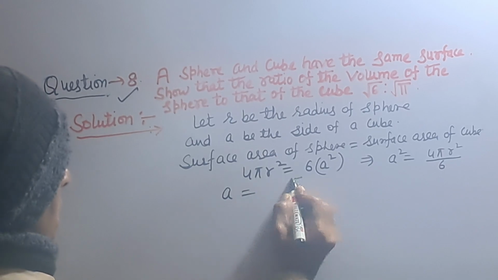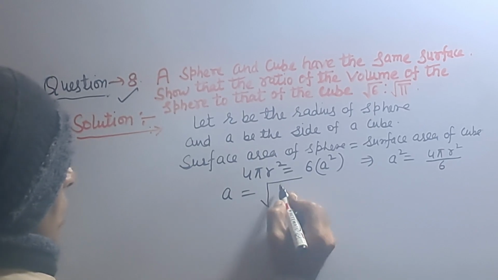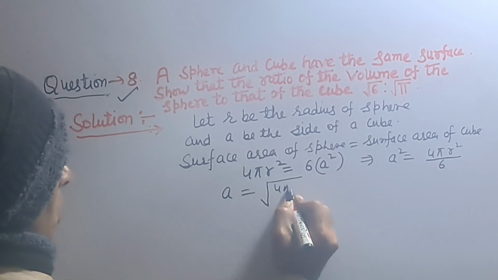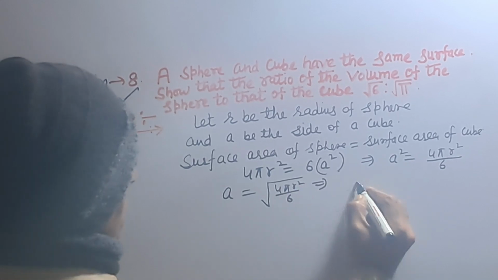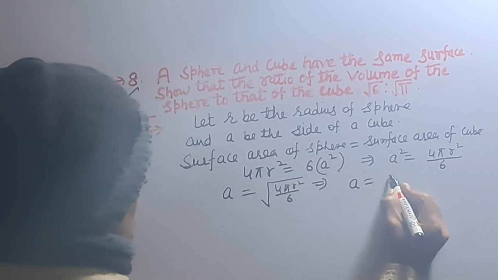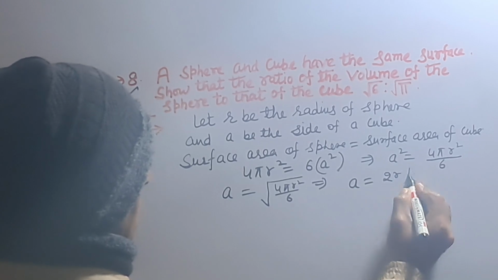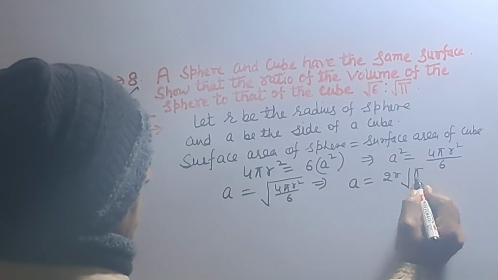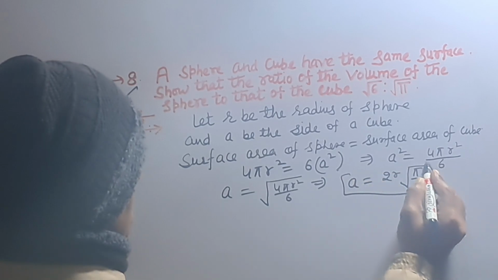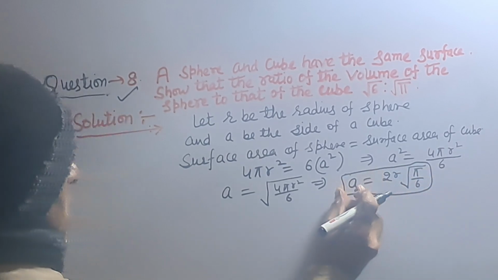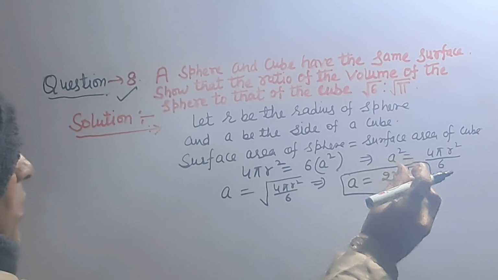A is equal to under root of 4 pi r square upon 6, which implies A is equal to 2r under root pi upon 6. This is the side of a cube.